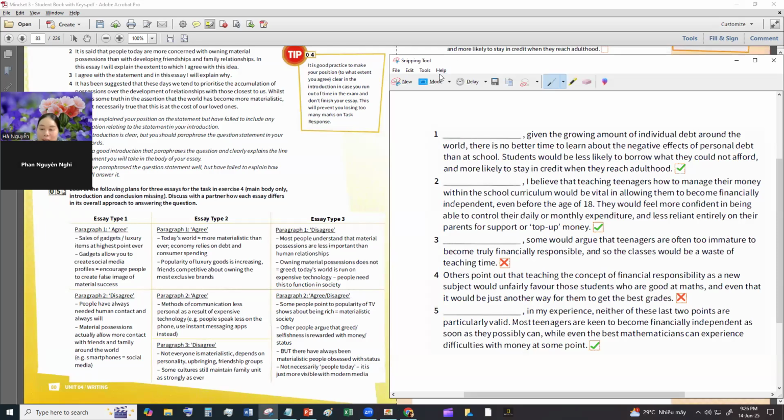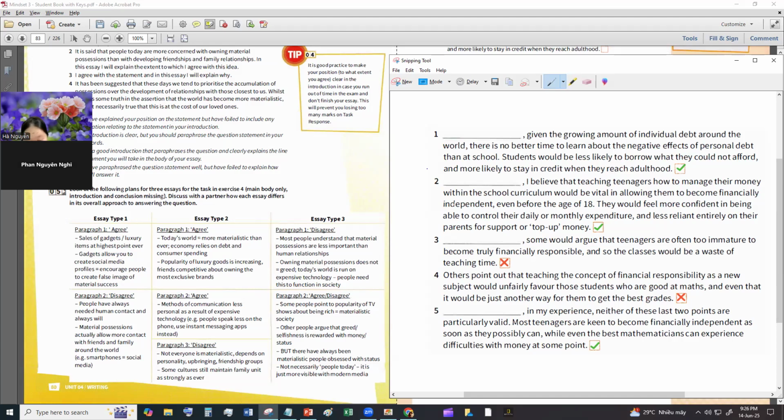Okay, so can you have a look at the 5 points here? If you have to choose essay type 1, essay type 2, and essay type 3 for this, which one would you choose? I think type 2. And why would you choose type 2? Because there are more agree points.